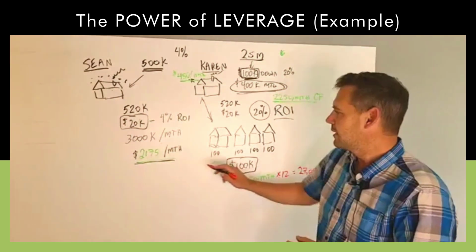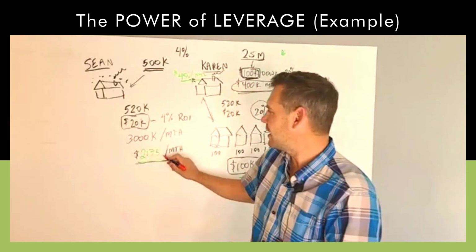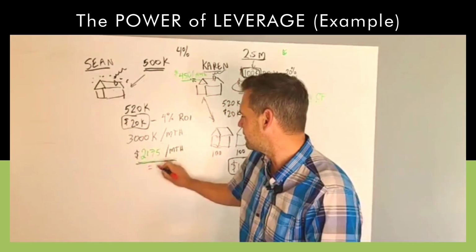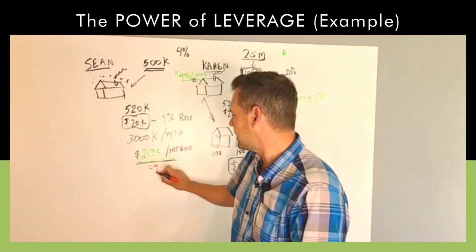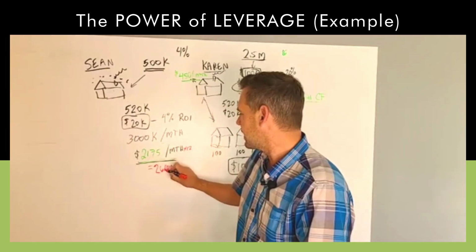Okay. And in this case, Sean, $21.75 times 12 equals $26,100 in cash flow.